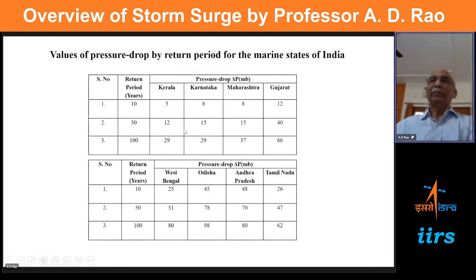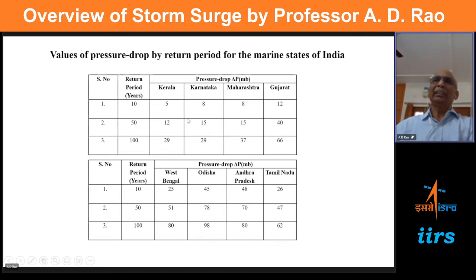So if you look at, for example, Kerala, Karnataka, Maharashtra, Gujarat, this is the pressure drop. Pressure drop, as I said, is in units of millibar. If it is small, then the cyclone is not very intense. If it is more, then the cyclone is more intense.